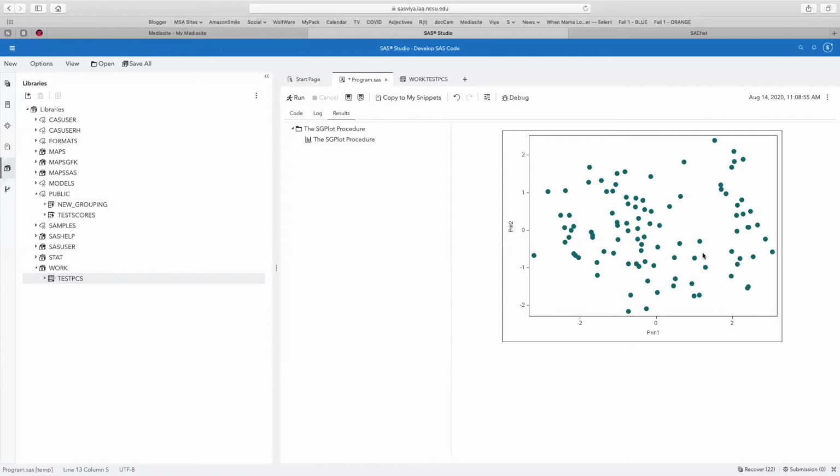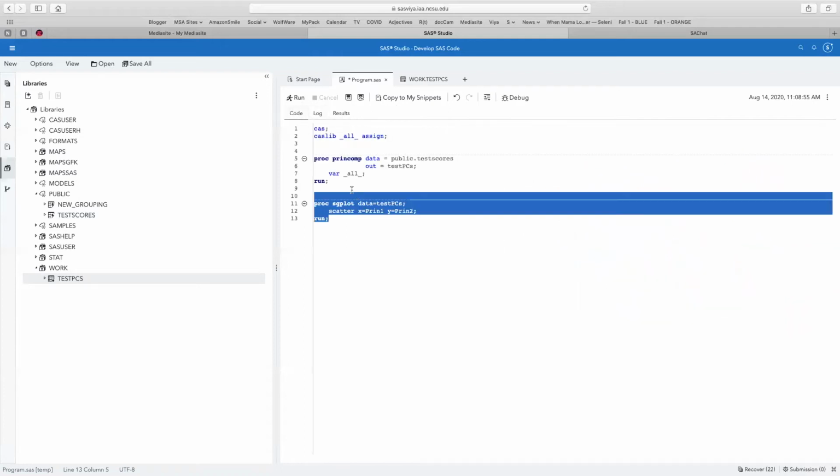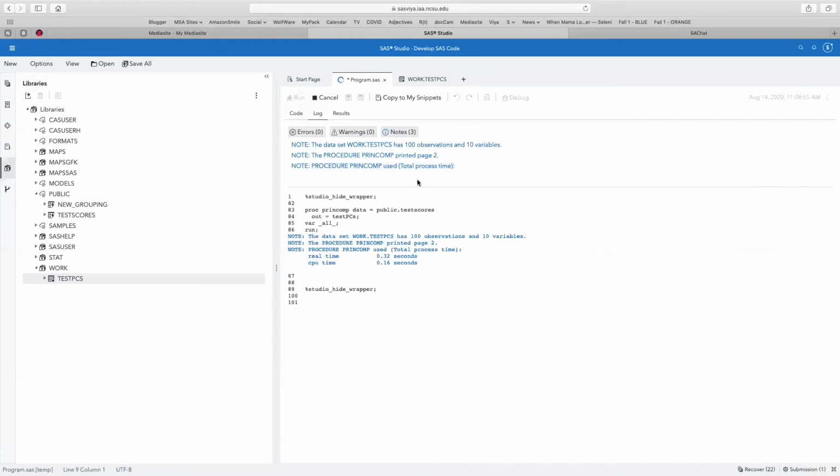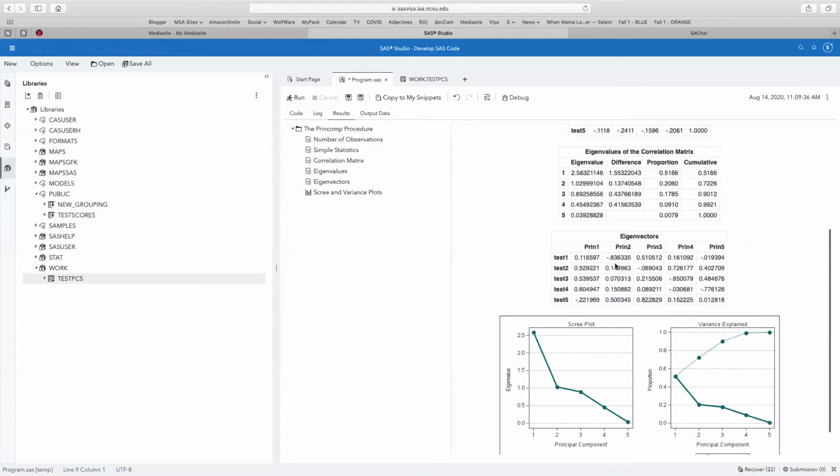Now, if you look at this closely enough, you may see it looks like there's kind of a dividing line right here. That's true enough. Let's look again at the loadings. So I have to run that code again. And talk about how we might interpret what's happening here.